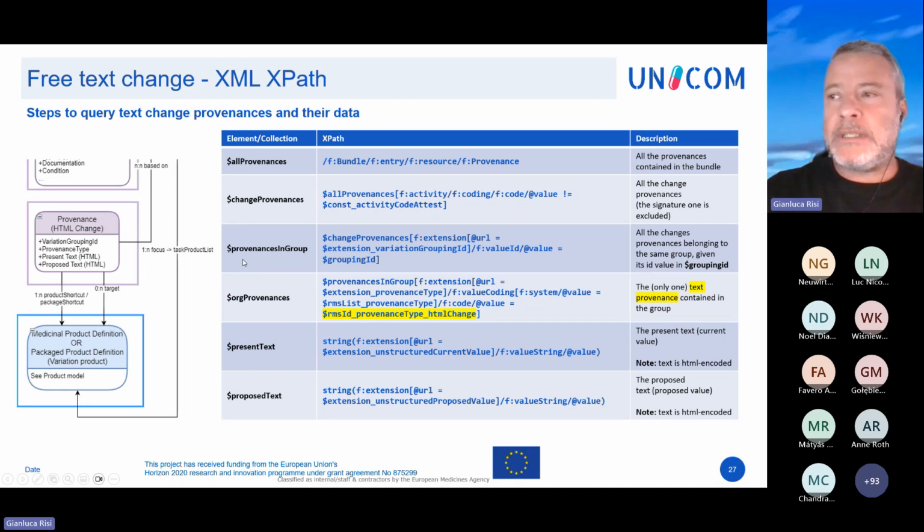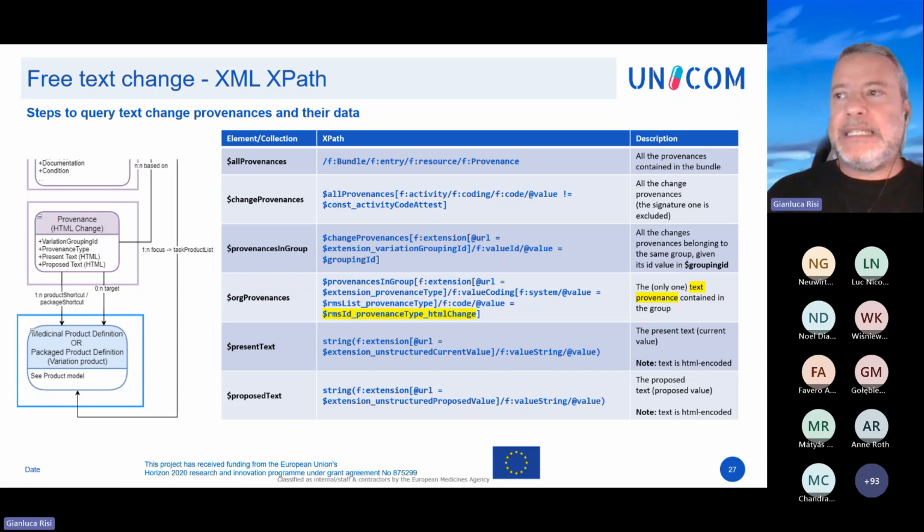So go to the third line. We have all change provenances, and we can filter them, entering into the collection, by using a concrete variation grouping ID. So let's say we have a variable called grouping ID having a concrete value, and we can filter in the query, taking all the change provenances that have, in the extension called variation grouping ID, a value ID whose value is the grouping ID we want to filter.